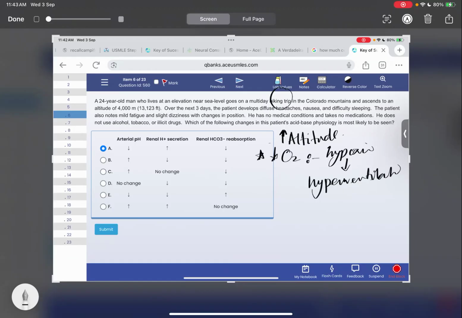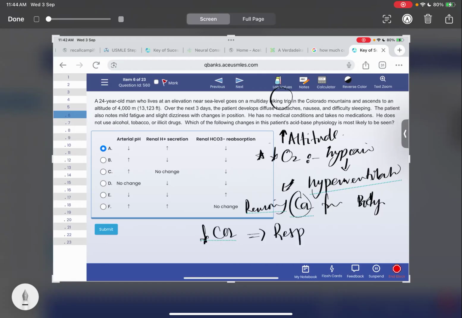Hyperventilation removes CO2 from the body. So when we have decreased CO2, what will it be?